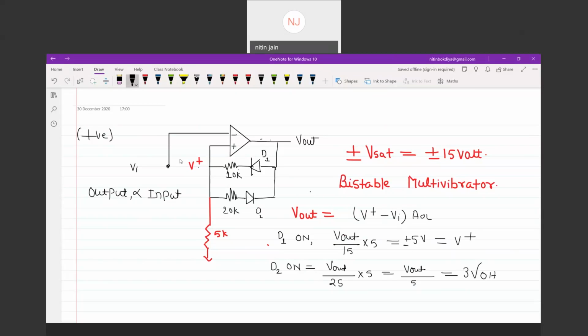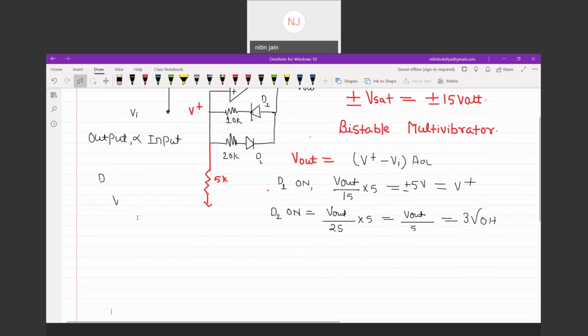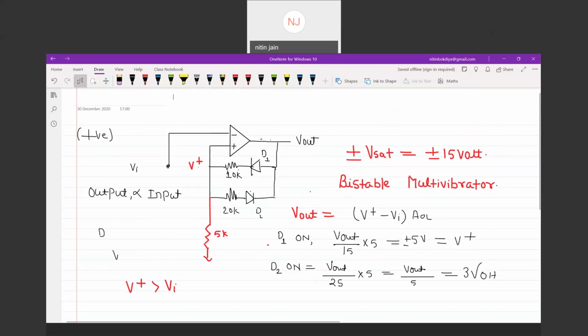Let's say D1 is on in this condition. When this diode D1 is on, V plus is greater than Vi. When V plus is greater than Vi, then you can say this diode is on. So what are the two possible values of V plus?